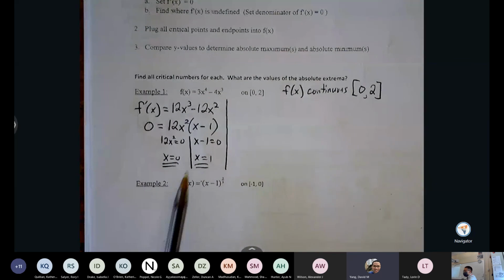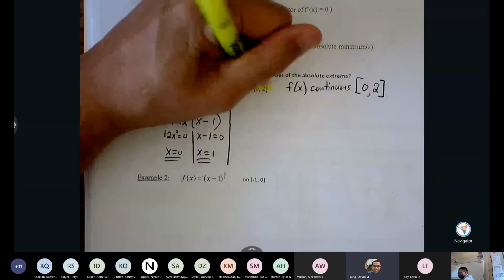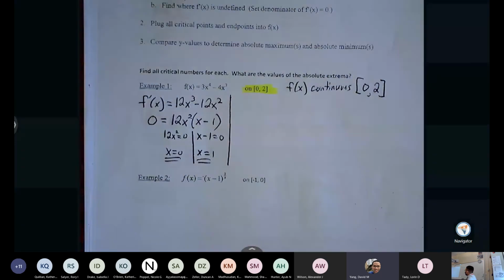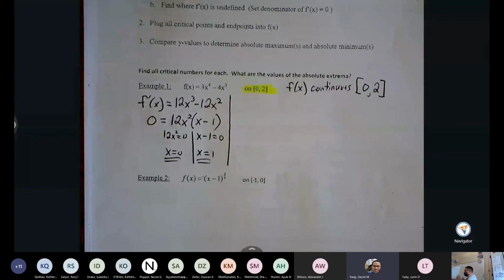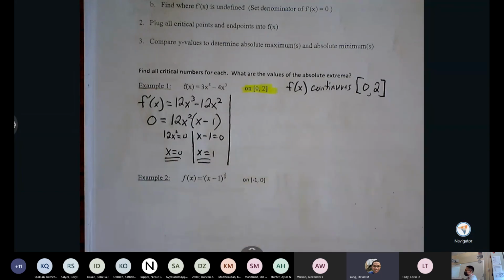Okay, let's talk about location. Where does a critical value have to reside? Right inside the interval, right? So we gotta keep that in mind. Sometimes we may end up with critical values that are outside. If that's the case, we're not going to use it. Okay, our interval is key.